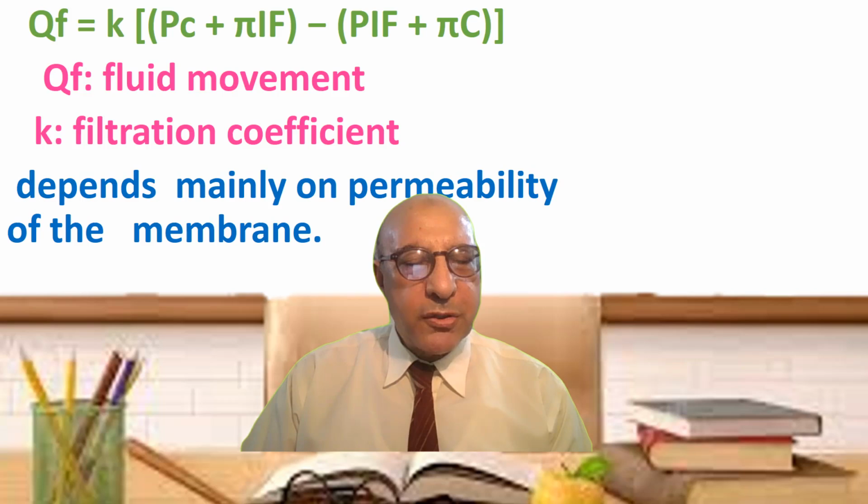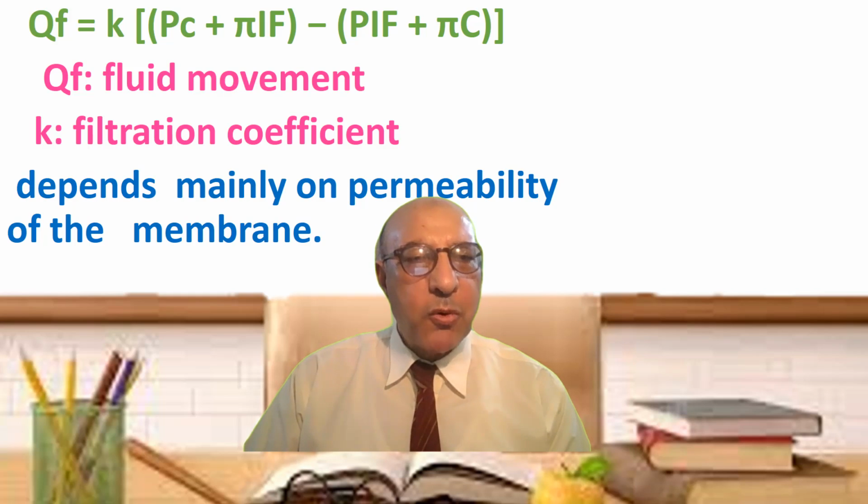Now, we have what is called the Starling equation, which tries to give the result for these acting forces. The flow of the fluid will be equal to the result of a constant, in this case a constant which represents mainly the permeability of the capillary membrane.